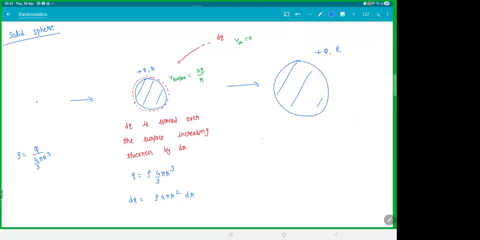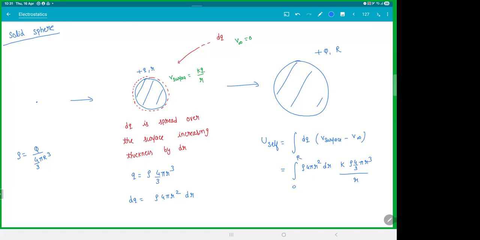So what will be the self-energy here when you integrate? Integral dq into V surface minus V infinity. So dq will be rho 4 by 3 pi r square dr. V surface will be kq, that is again rho 4 by 3 pi r cube by r, limits from 0 to r.